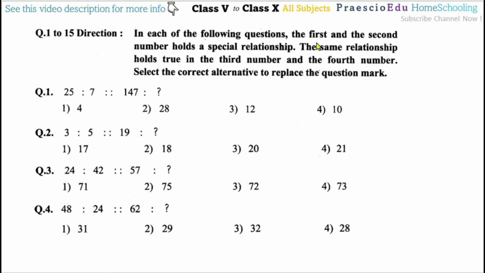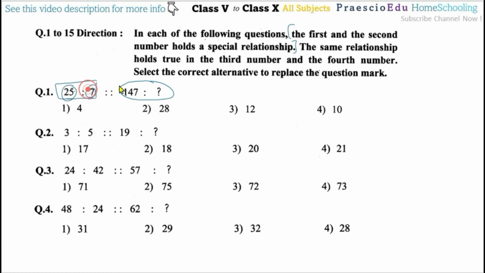In each of the following questions, the first and the second number hold a specific relation. The first and second numbers are the terms; suppose these are the two terms, one term and two terms, both in one group or one pair. And this relation we have to apply for the next one.